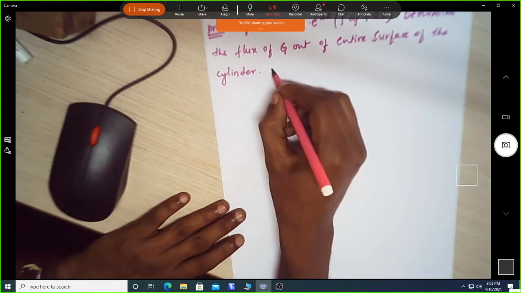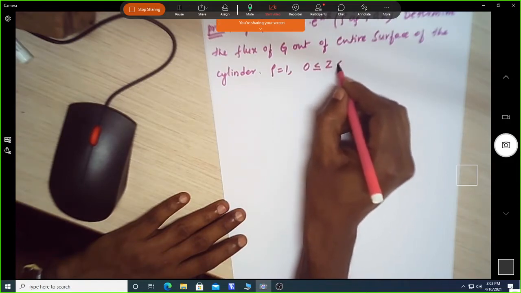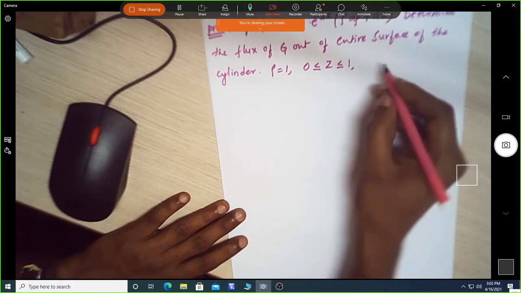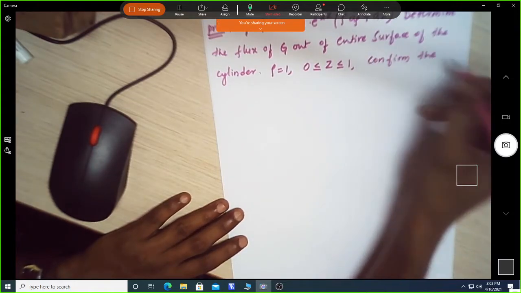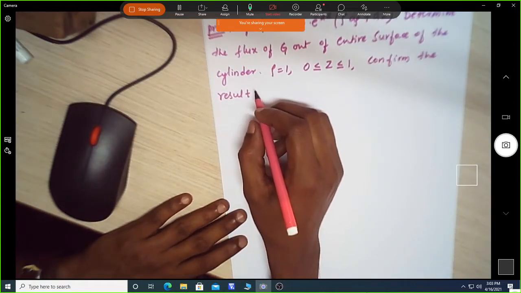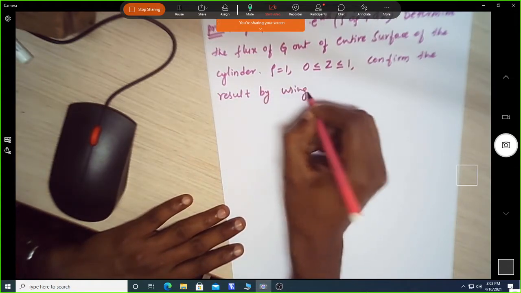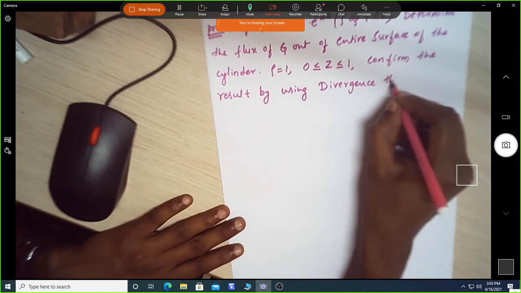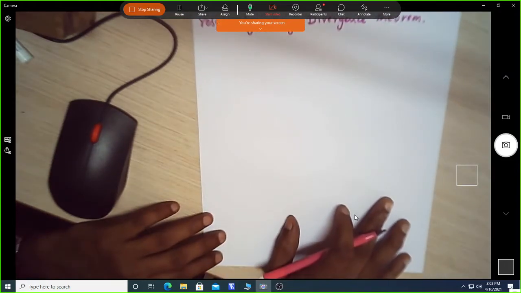Here rho equal to 1 and the z variation is 0 to 1, and confirm the result by using the divergence theorem. Okay, confirm the result by using divergence theorem.